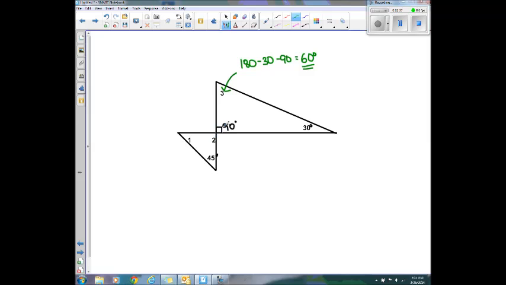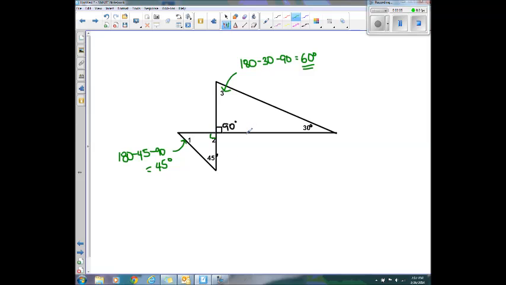Also, because angle 2 and this right angle are vertical angles, that tells us that this angle is also 90 degrees. And so then we can find angle 1 by saying 180 minus 45 minus 90 for angle 2, which is going to give us the measure of angle 1, which happens to also be 45 degrees.